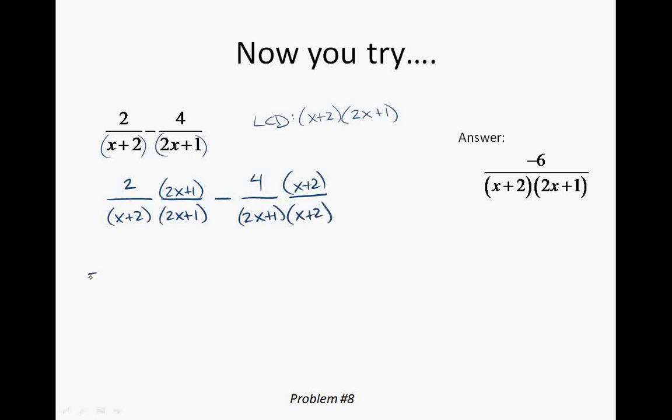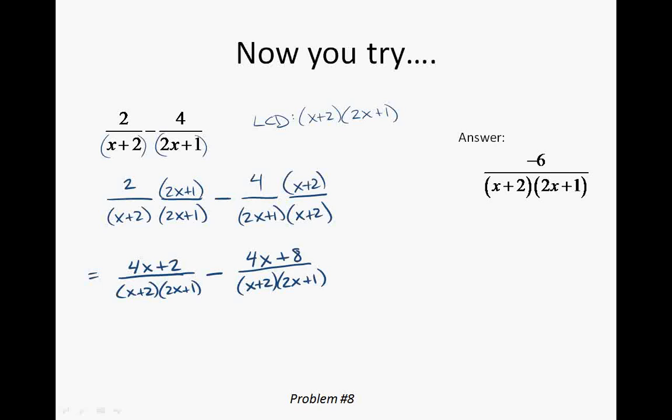Again, keep your denominator in factored form and expand the numerator. So 2 times 2x plus 1 is 4x plus 2. I'm going to leave this in factored form. 4 times x plus 2, that is 4x plus 8.